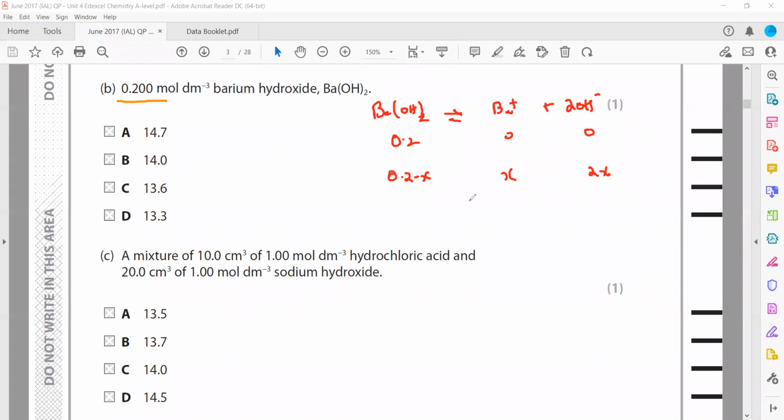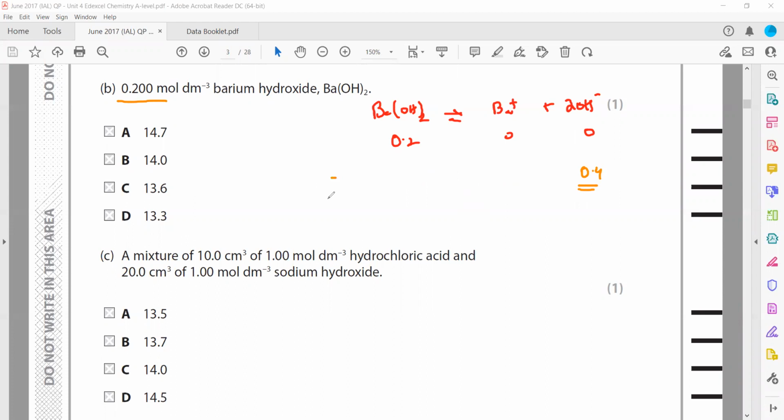As the Kb is not given, we'll assume that all will dissociate. If all will dissociate, then the concentration will change, as the ratio between barium hydroxide and hydroxide ion is 1:2. So if this is 0.2, how many moles at equilibrium will there be? 0.4. So the concentration will be 0.4.